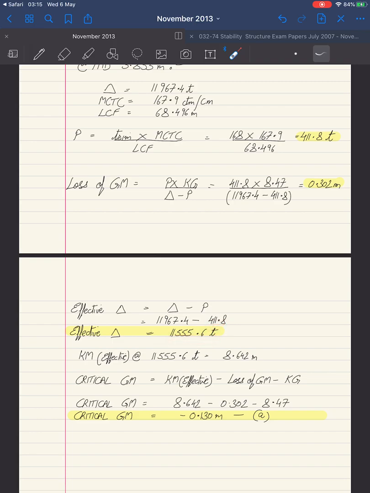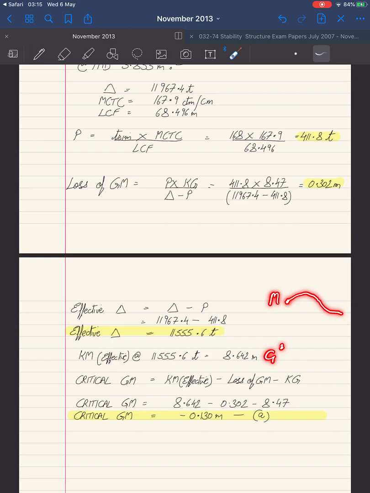When we have calculated the effective displacement, the next thing is to find the KM at the effective displacement. The KM at effective displacement was found to be 8.642 meters by doing the interpolation and looking into the hydrostatic data. The effective KM of the vessel takes into consideration the movement of M, which may be up or down.